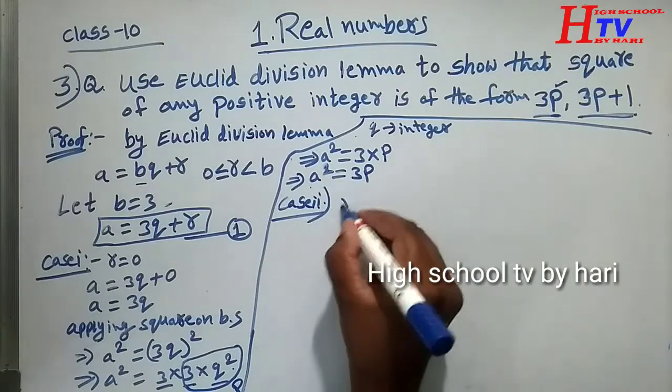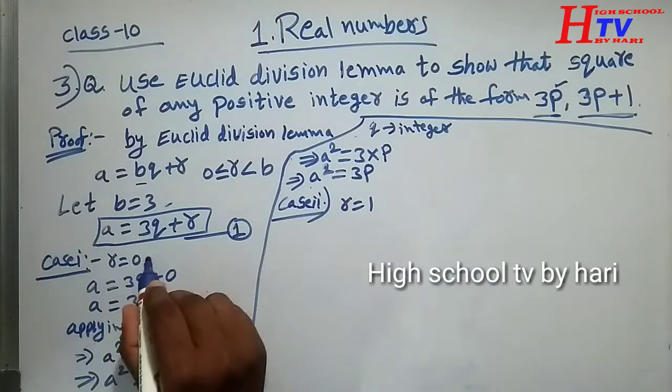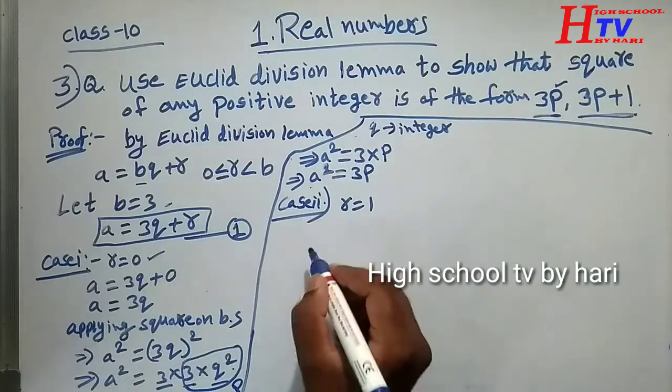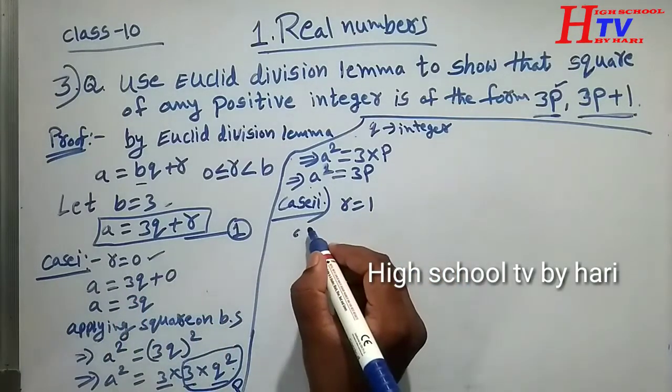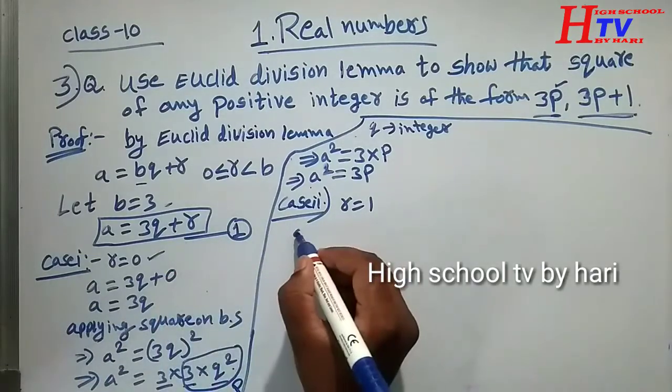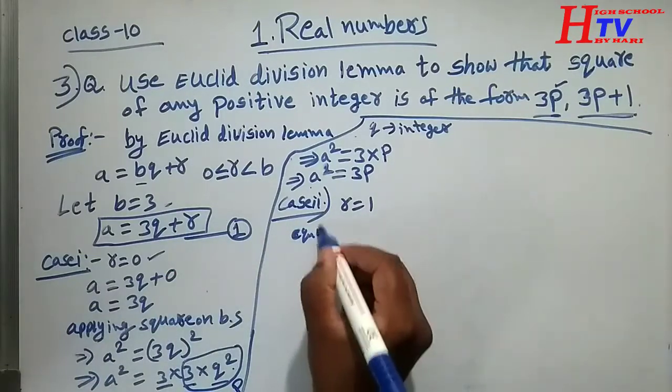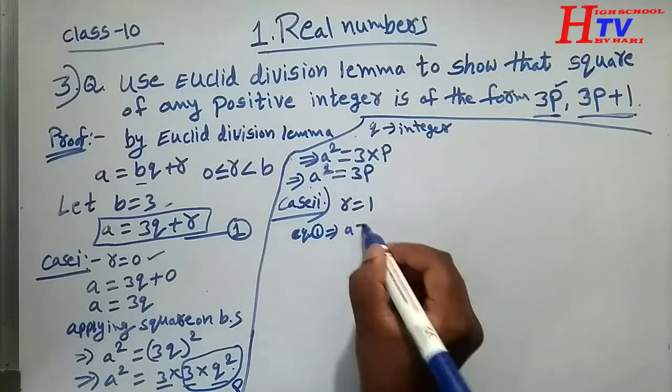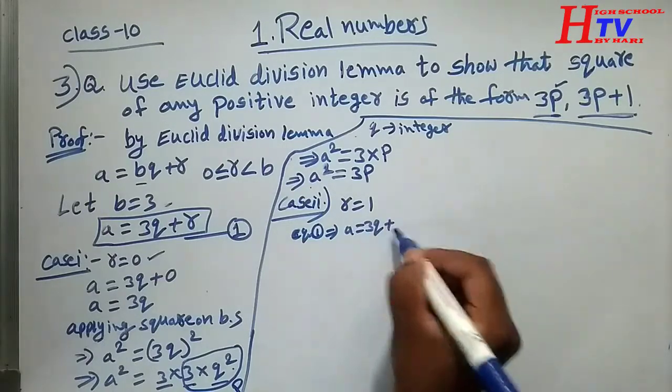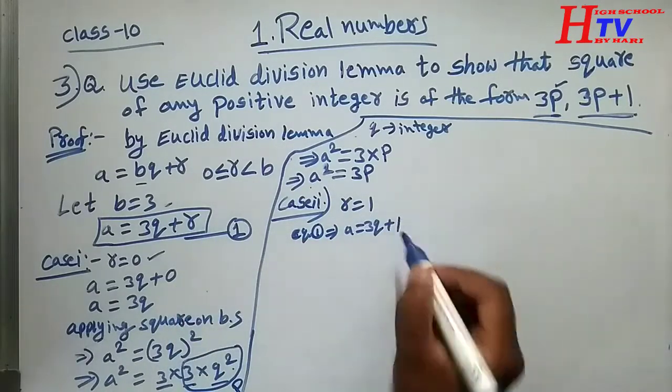Case 2, when remainder is 1. The first case was remainder 0, remainder 1 is the second case. In equation 1, a equals 3q plus the remainder, substitute 1.